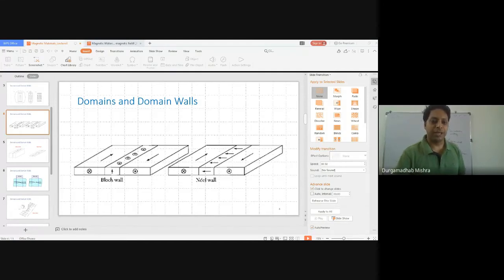When you apply a magnetic field, you move the domain wall, and that is how you get a hysteresis. This is one hysteresis loop I wanted to show you.